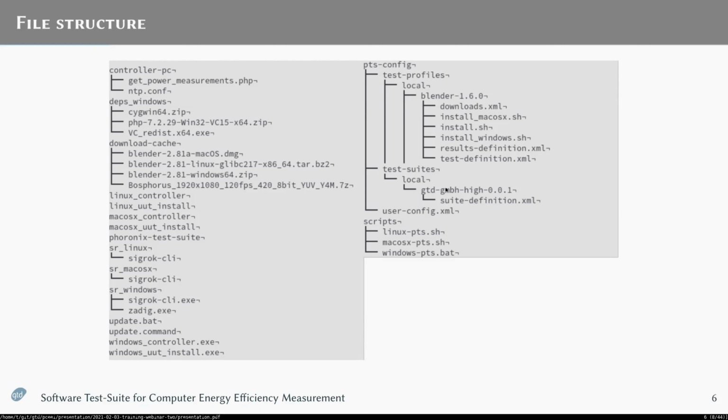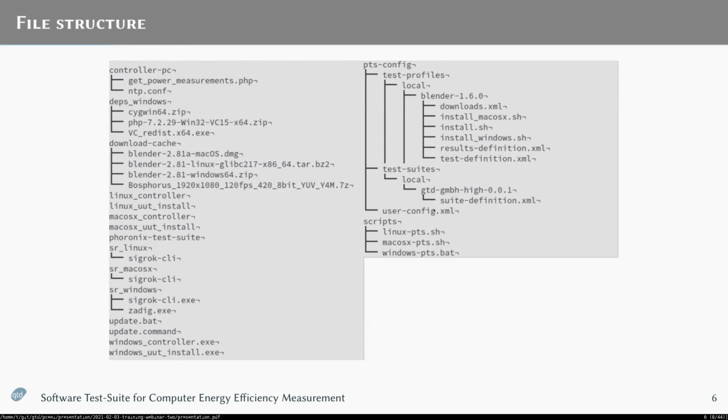And similarly, you have the test suites also inside a namespace with the name of the test suite and then a file to define the test suite itself, which is then listing all the worklets with all the parameters you need. We also have a user-config.xml file, which is used to configure Phoronix Test Suite.